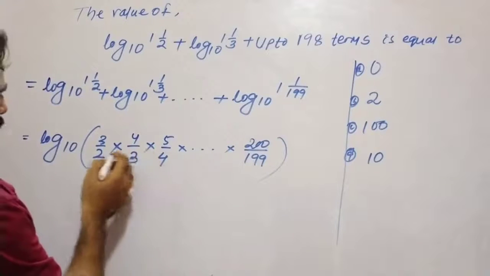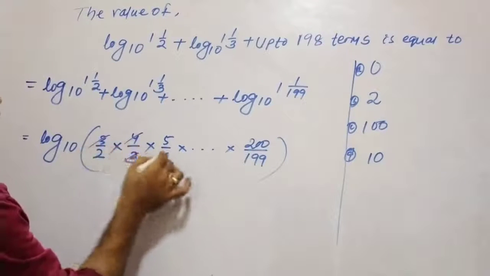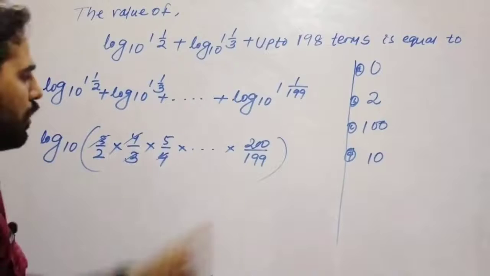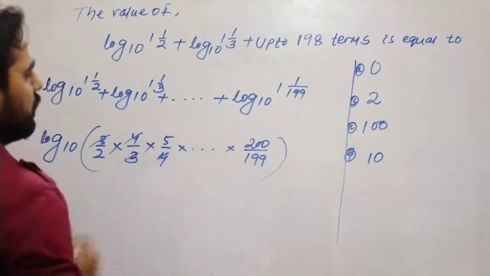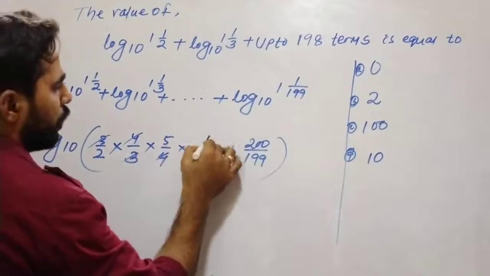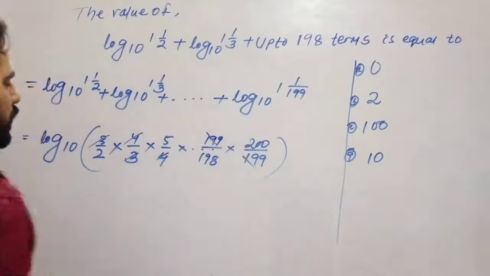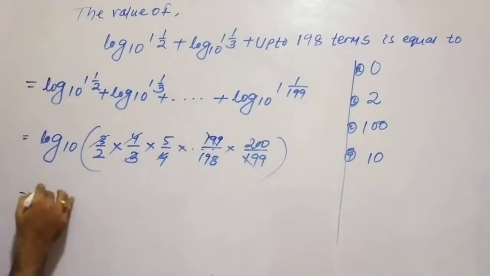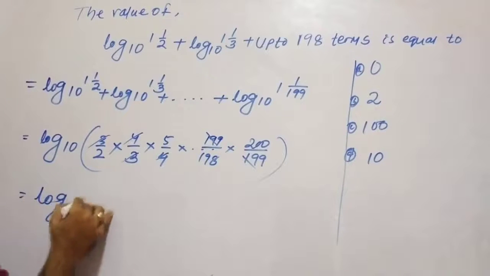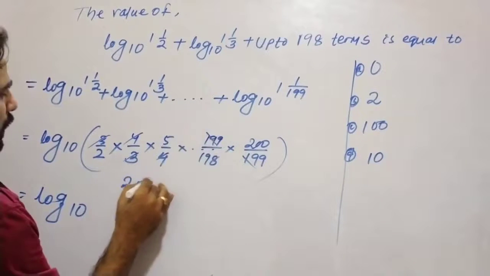By crossing out 3 3, 4 4, 5 5, up to 199 199, we get log of 200 divided by 2.